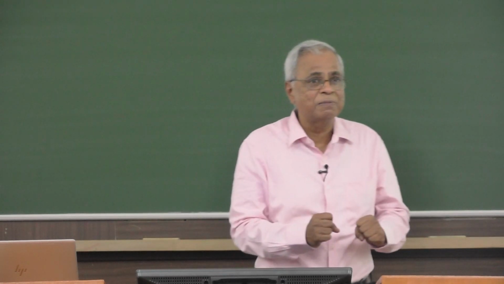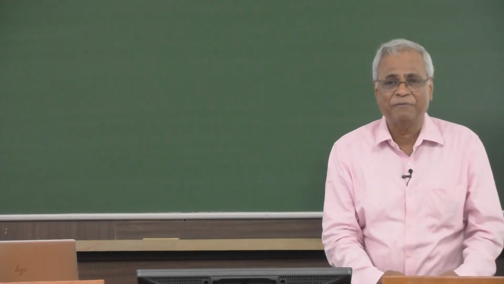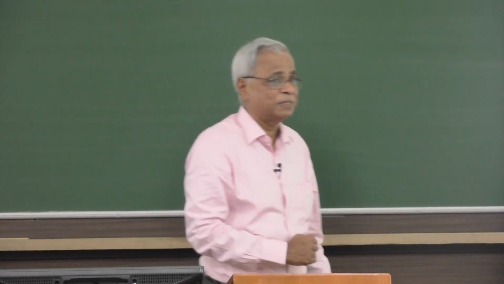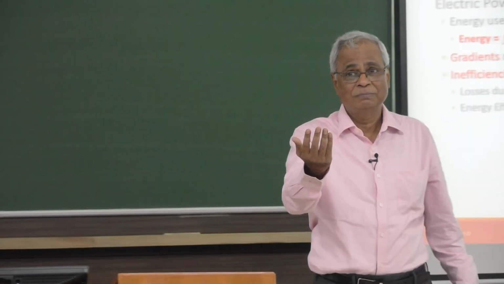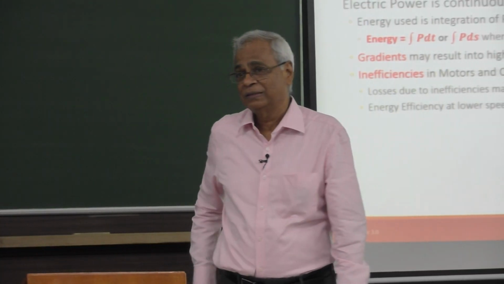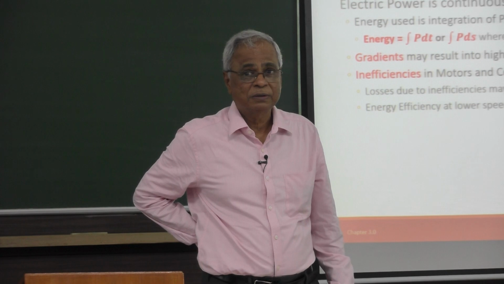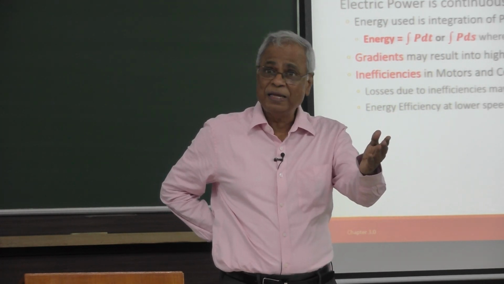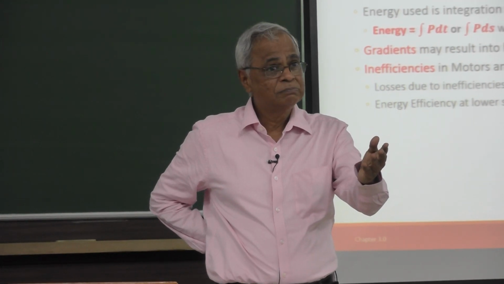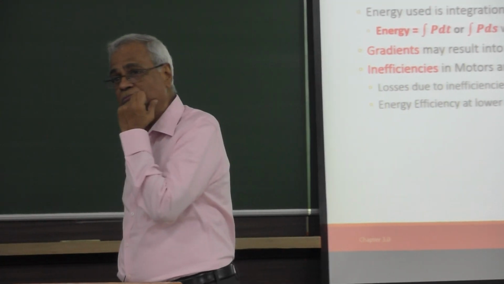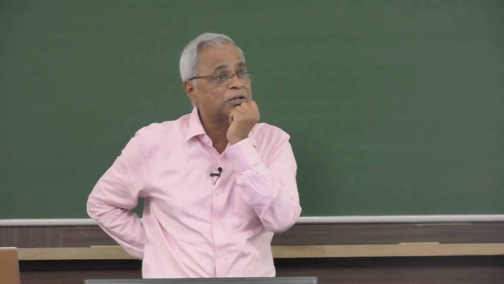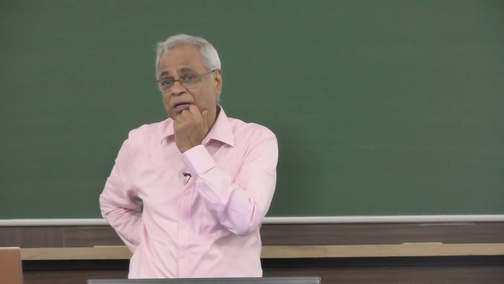The problem comes, the motor that I have in my electric vehicle has high efficiency close to 90% for motor and controller at 55 km per hour. But once it comes to 20 km per hour, there is almost 30 to 40% loss, 35% loss, 40% loss, 30% loss.